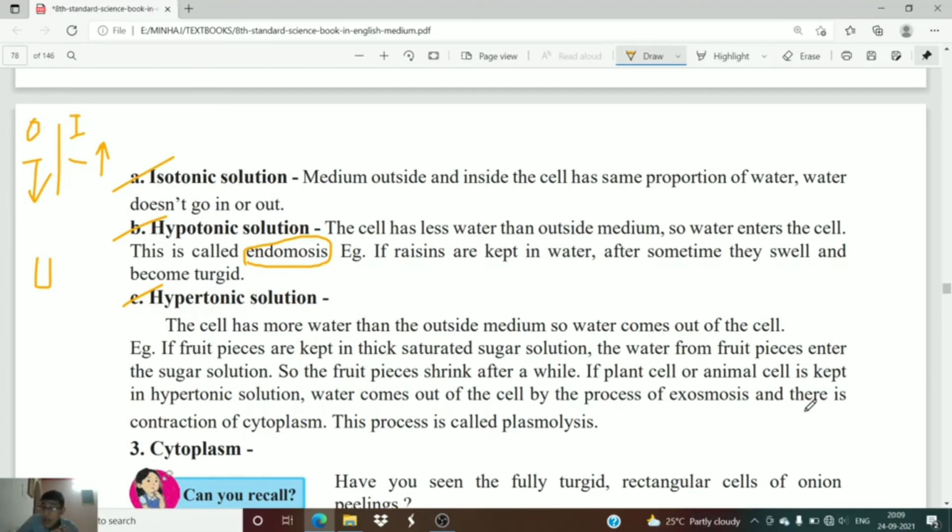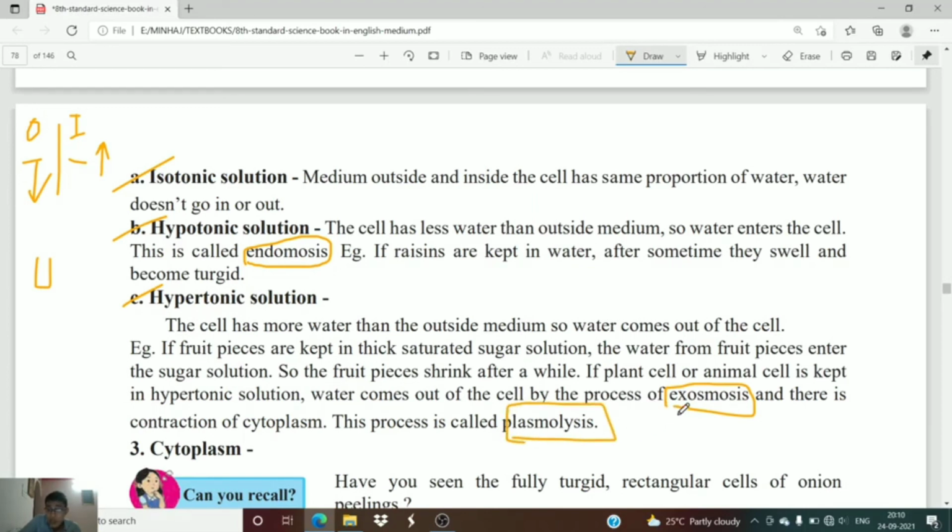If a plant cell or animal cell is kept in a hypertonic solution, water comes out of the cell by the process of exosmosis, and there is contraction of the cytoplasm.